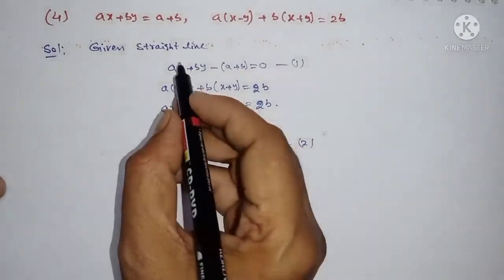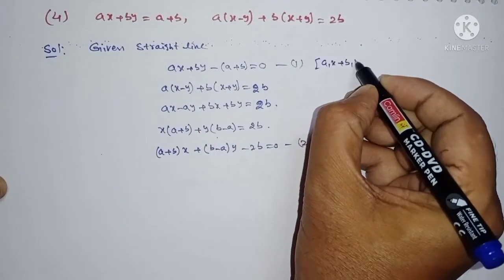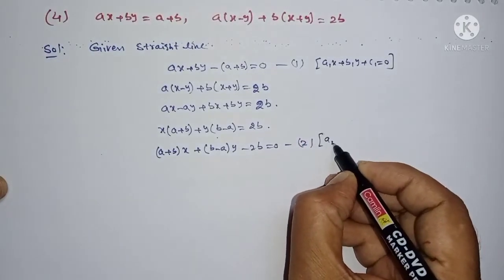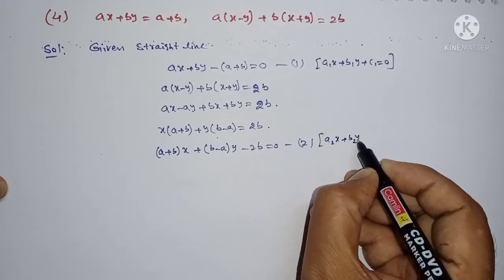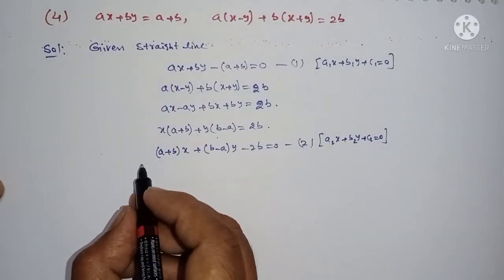Okay, you can write a1x + b1y + c1 = 0 for the first one, and a2x + b2y + c2 = 0 for the second one. Therefore I am comparing the terms.